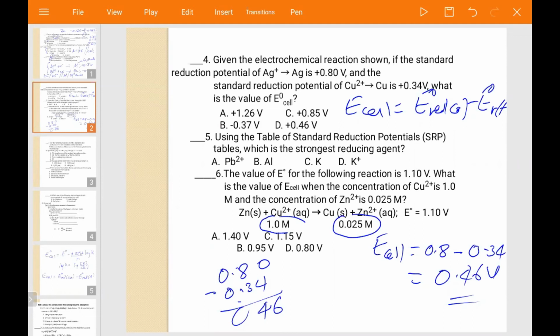The strongest reducing agent means is it the best oxidized substance or the best reduced substance? Reducing agents are oxidized substances.